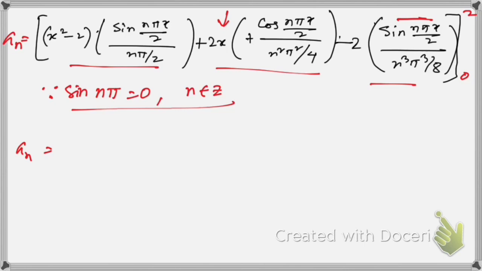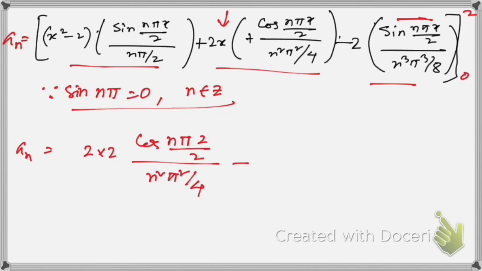Then what you will get, 2 into 2 cos(nπ·2/2) divided by n²π²/4, minus, if you put 0, then this will also be 0, right? 0 into anything is 0. So here we have got this value only.